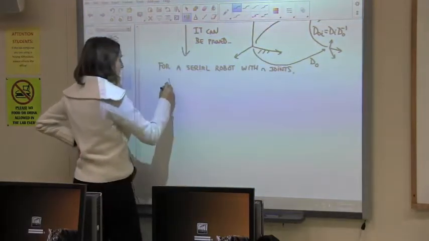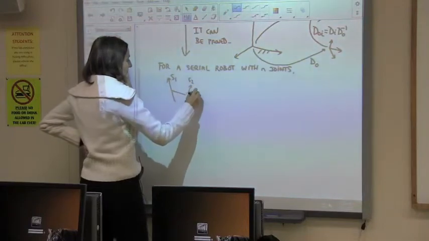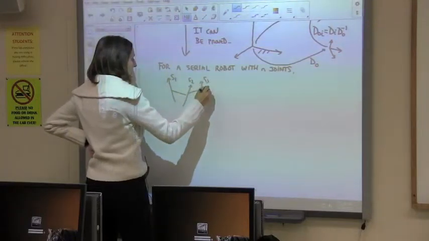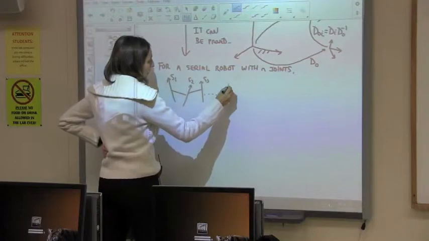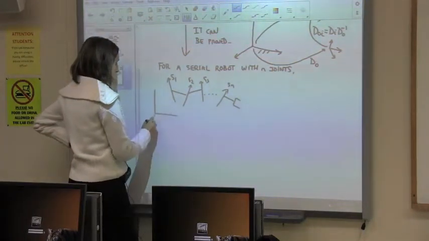So here we have S1, S2, S3, up to Sn, and then we have our end effector.